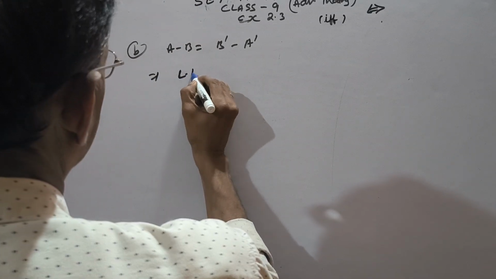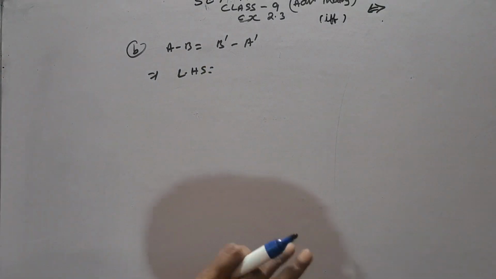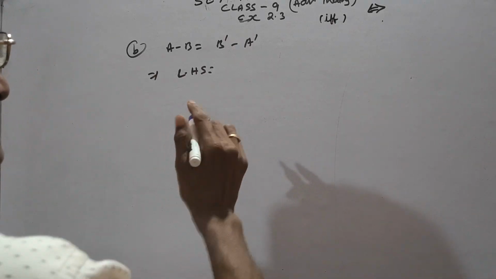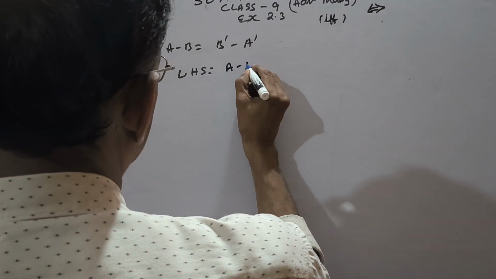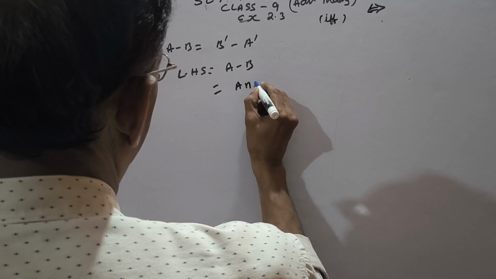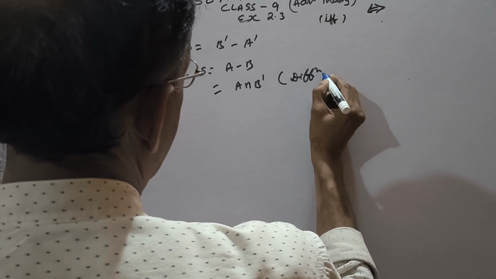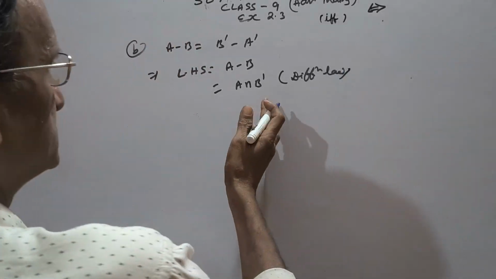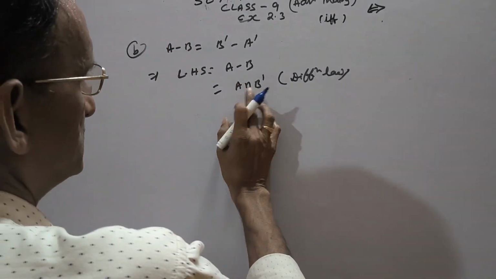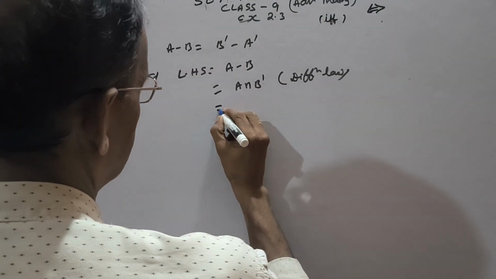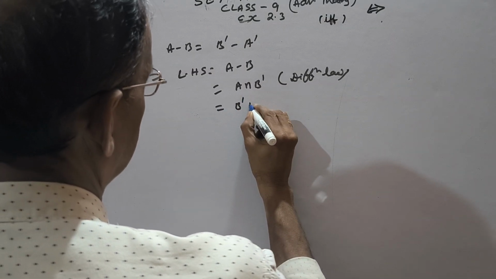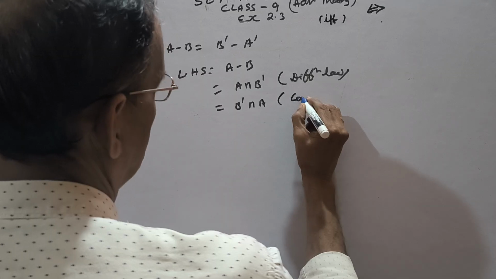Similarly, you can take the left hand side. It can be done by the definition method also, but this is easy. So take A minus B. What will you write? A intersection B complement. This is the difference law. See, intersection of sets is commutative, so you can write B complement intersection A, by the commutative law.